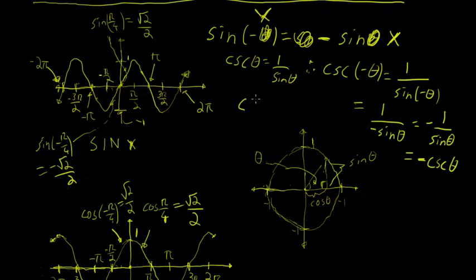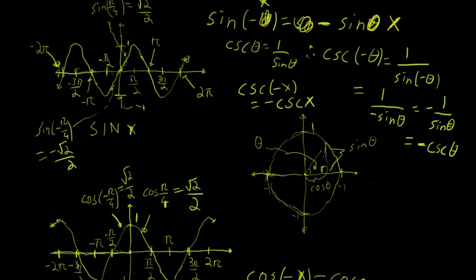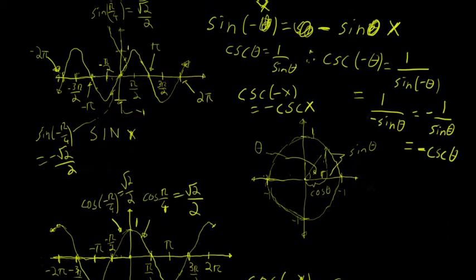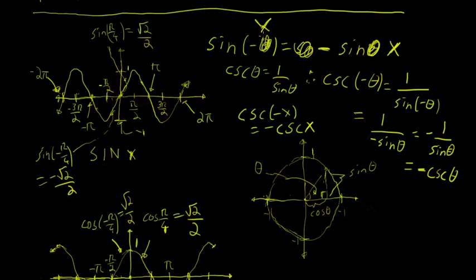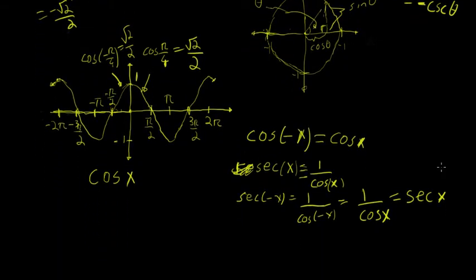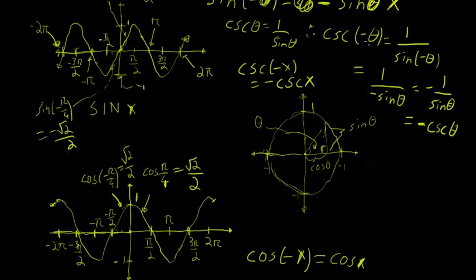Another way of saying this is the cosecant of negative x is equal to negative cosecant of x. But for cosine of negative x is equal to cosine of x itself, while sine of negative x is equal to negative sine of x. And for secant of negative x is equal to secant of x itself, but for cosecant of negative x is equal to negative cosecant of x.